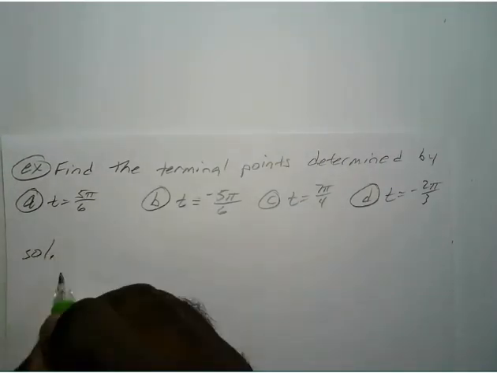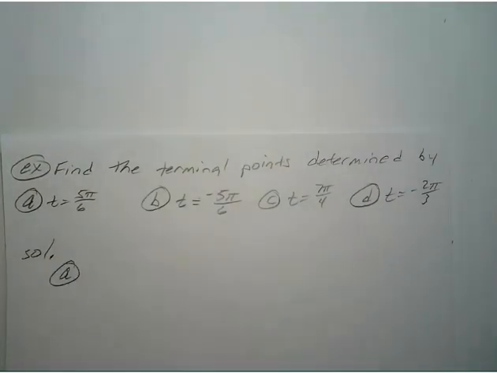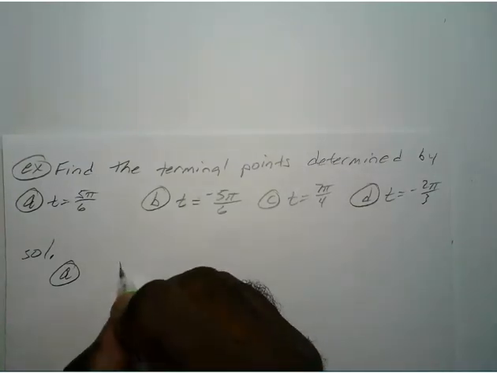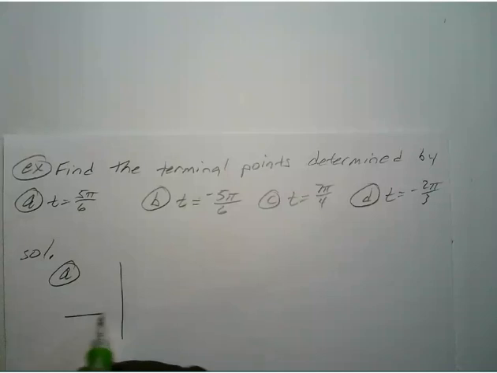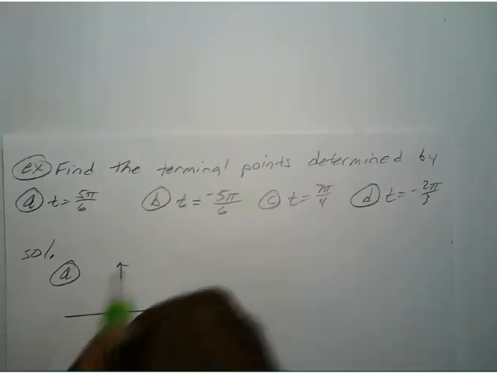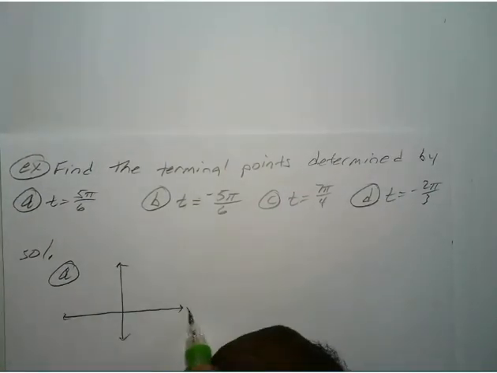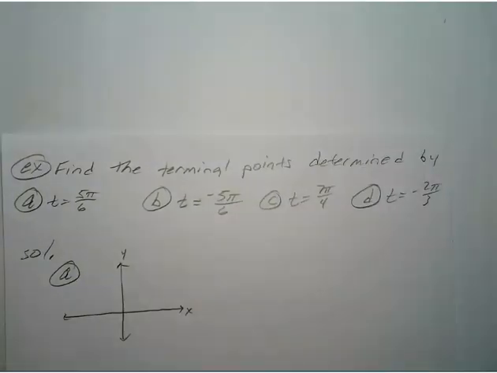All right. So, starting off for A, we're going to go ahead and draw our XY axis because sometimes it helps just to visualize it. Okay, we have our x-axis and our y-axis.